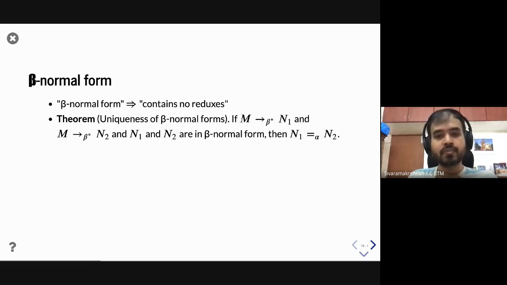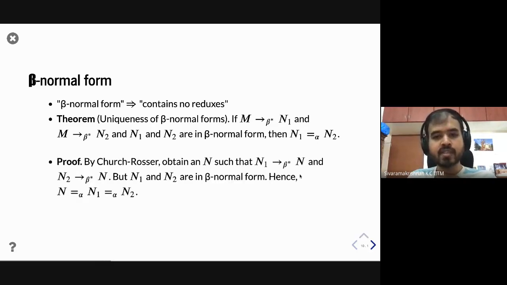If you start from some lambda term m, you go to n1, and you start from m, you go to n2. Assume that n1 and n2 are in beta normal form. Then the theorem says that n1 is alpha equivalent to n2. They're both the same terms.